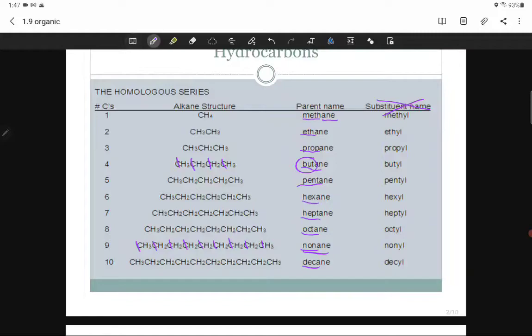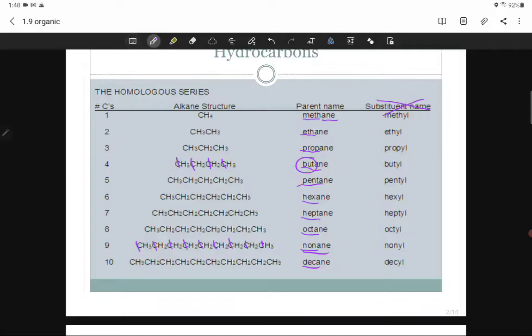Now, we'll talk about some people having common names. And also, some folks use something to connect the prefix and suffix just to make it sound better, I guess.